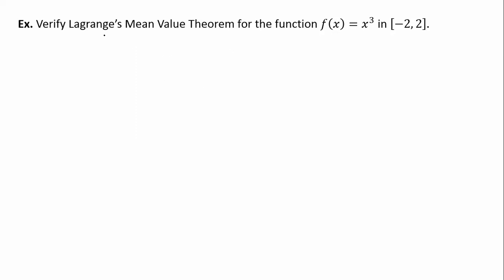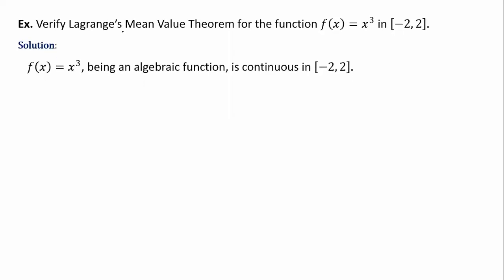Verify Lagrange's mean value theorem for the function f(x) is equal to x cube in the closed interval minus 2 to plus 2. The solution is here: f(x) equal to x cube. This is an algebraic function, and obviously it is going to be differentiable, and differentiability implies continuity. Even if you draw the graph of this, it is going to be continuous in the interval minus 2 to plus 2.